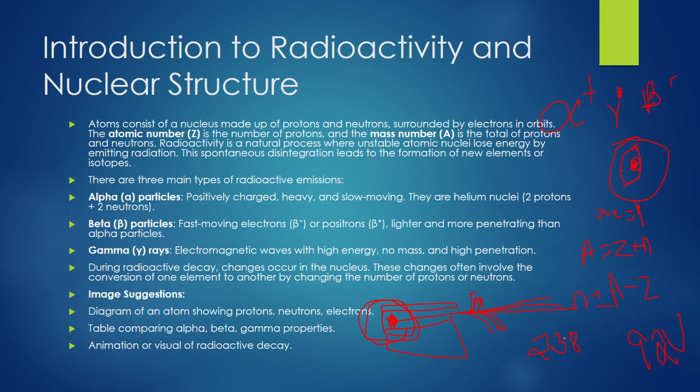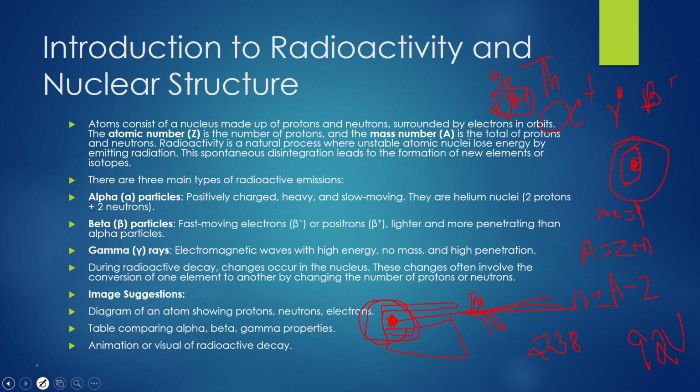So when this goes under alpha decay, the atomic number reduces by 2 and comes down to 90, and the mass number is reduced by 4, my bad, which comes down to 234. So here, 90 is thorium, and with 234, an isotope of thorium is formed here.